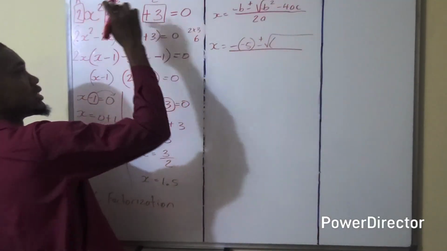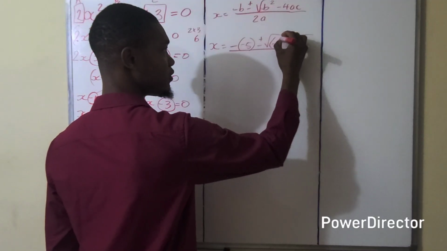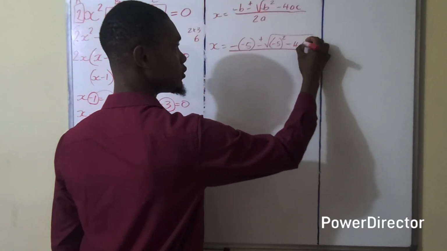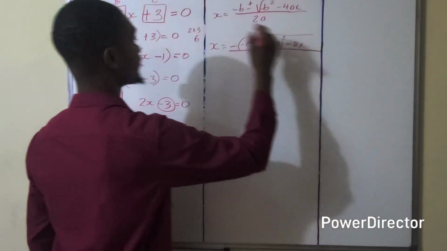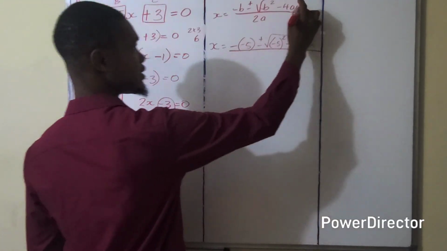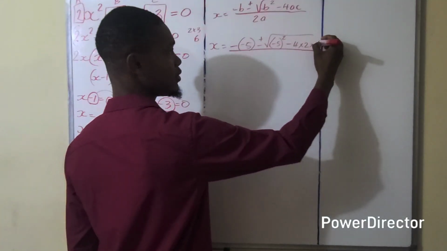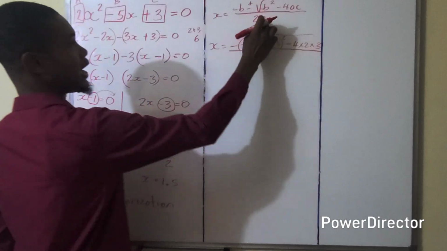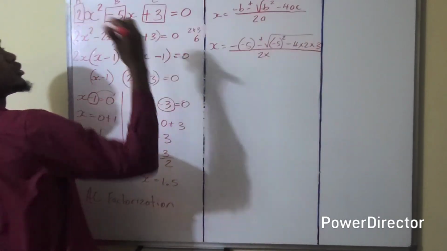B again is -5, so you put -5 squared minus 4 times a, which is 2, times c, which is 3. Then you go below, so that's 2a, and a is 2, so you put 2 here.